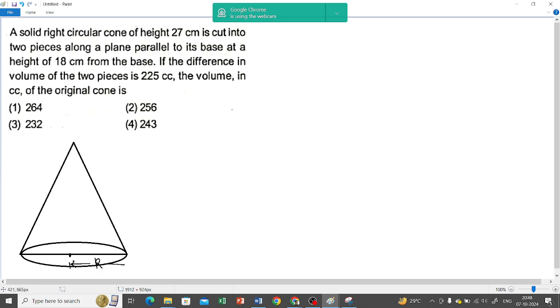This is the radius, right? So what is the height of this? 27 centimeter. It is cut into two pieces along a plane parallel to its base at a height of 18 centimeter.